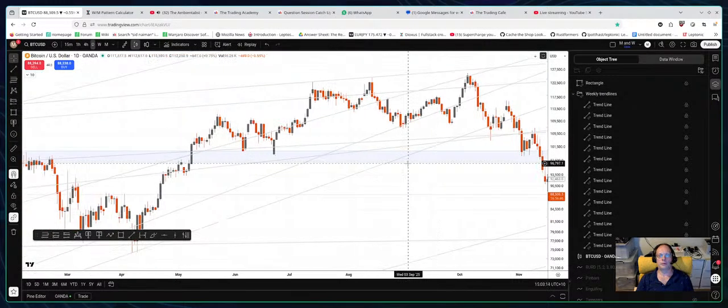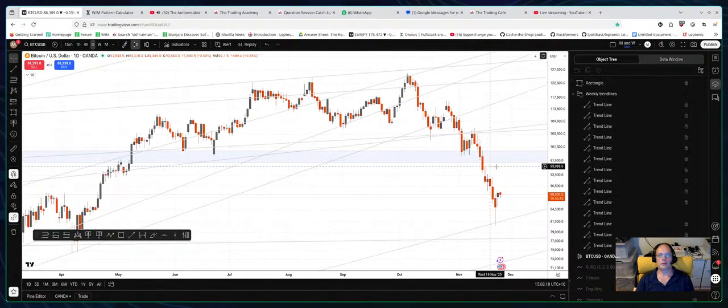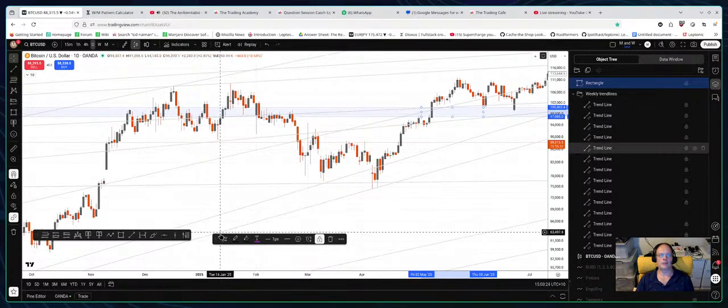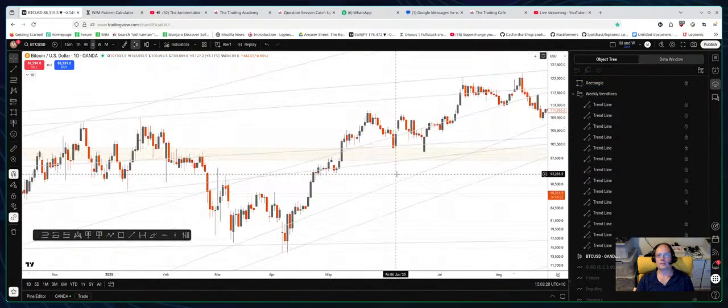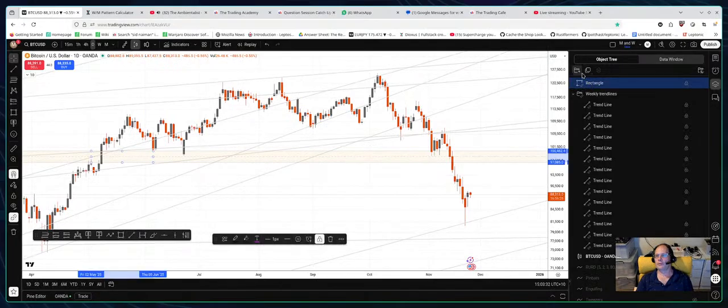It'd be interesting. And it seems to be quite respected. It's hit it there, it's hit it there, it's hit it there. It's squiggled around it, so I would say that's my single value zone. But you got one. Can I group it on its own?